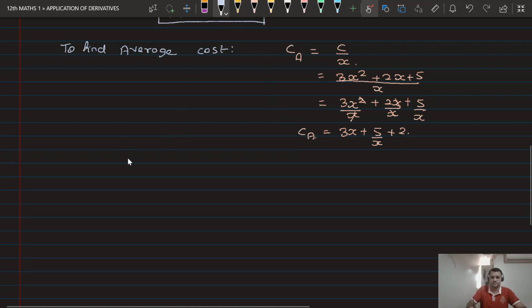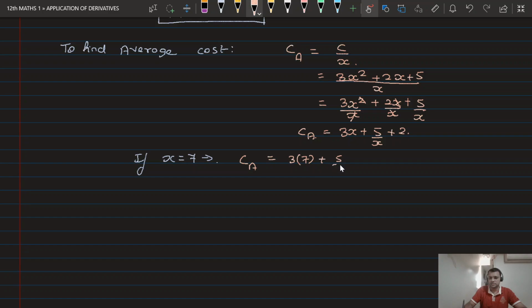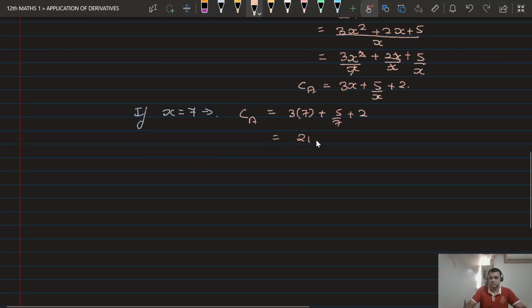Once again, if x is equal to 7, I will get over here 3 into 7 plus 5 by 7 plus 2, which is 21 plus, let us take LCM, so it will become 19 upon 7. 7 into 2 is 14, 14 plus 5 is 19.